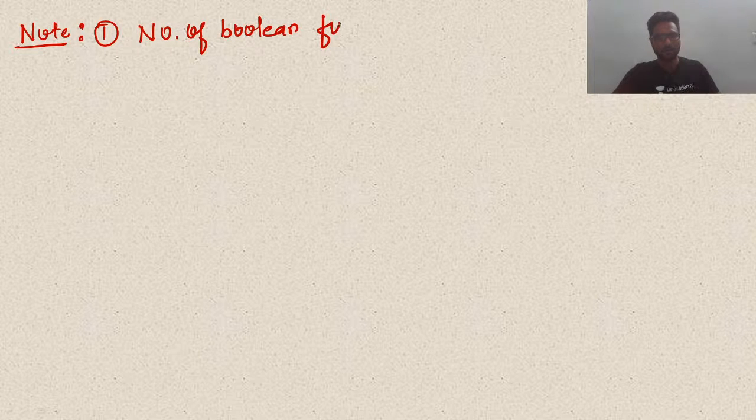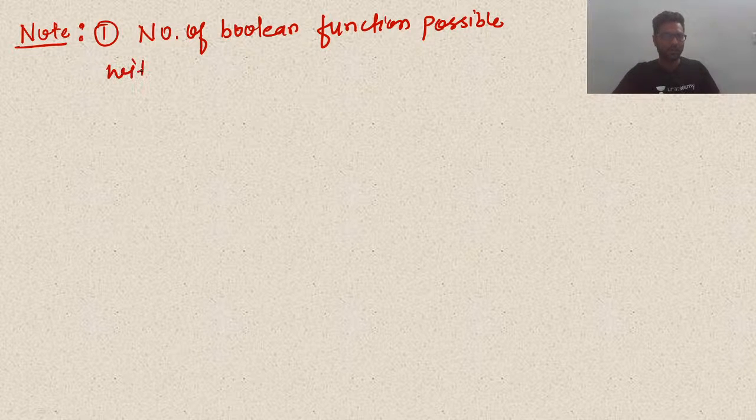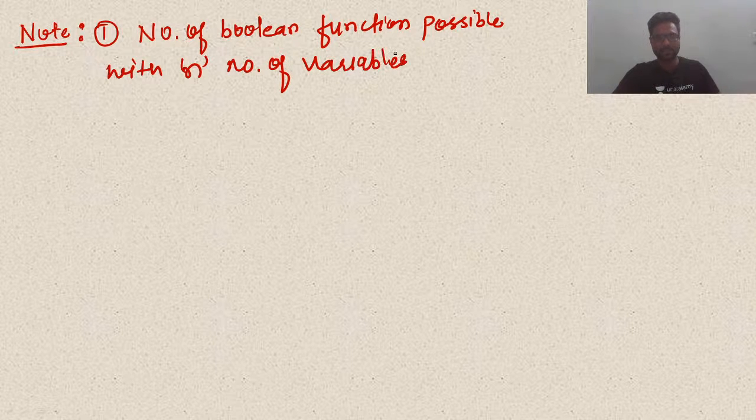You know very well the number of Boolean functions possible with n number of variables. It is equal to what? You only tell me, guys.